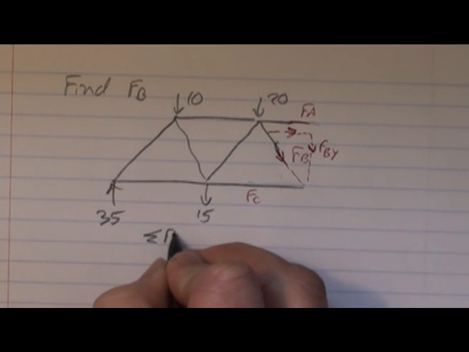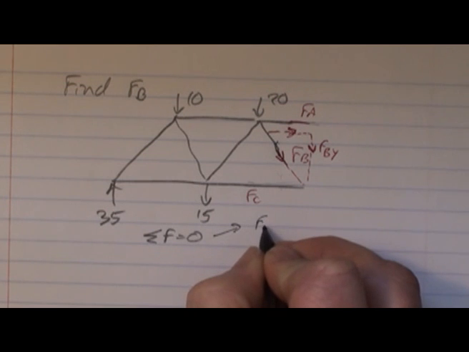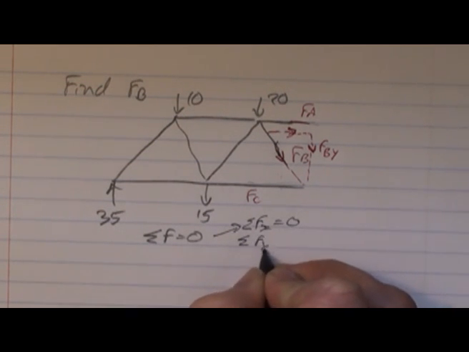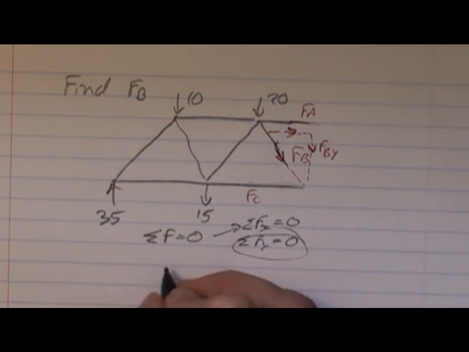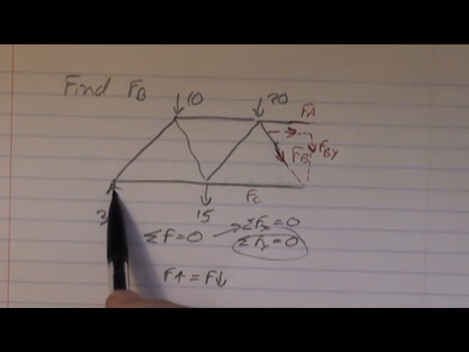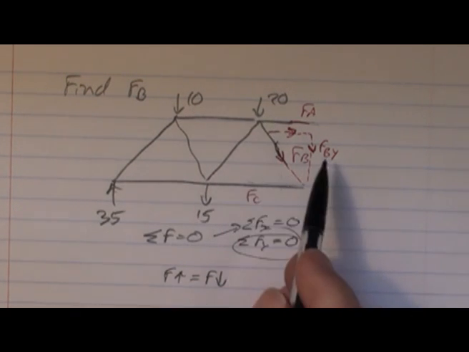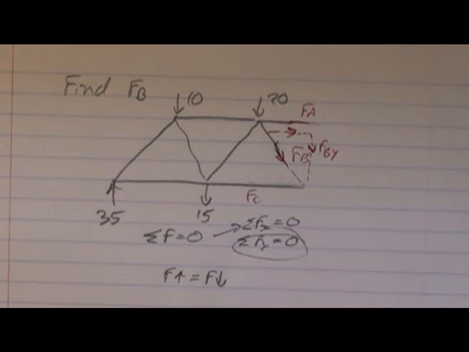So we're just going to do sum of forces equals 0, or if you break that down, sum of forces in the X equals 0, sum of forces in the Y equals 0. I'm just going to look at the Y directions in this case. So I'm looking for forces up equal forces down. Forces up, I have 35, 10 is down, 15 down, 20 down, and this one is down, the FBY direction.